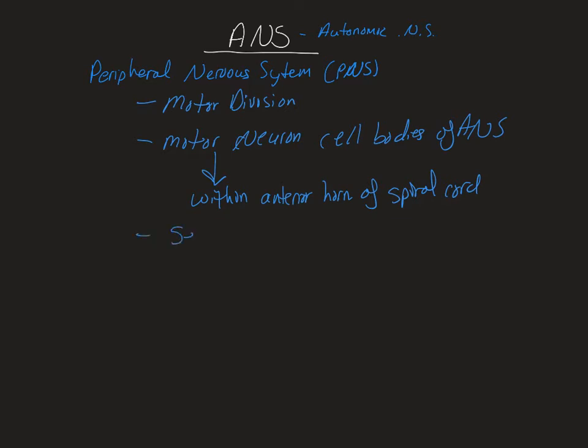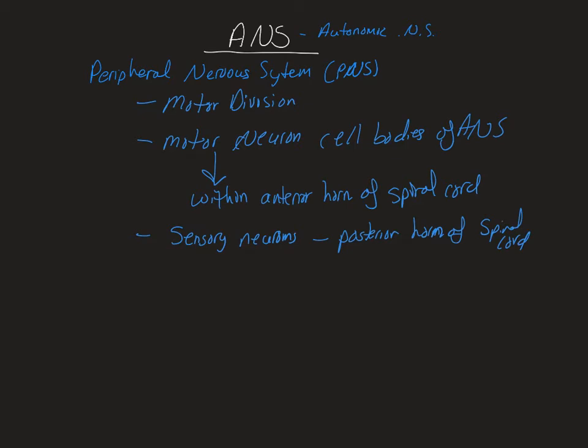The sensory neurons that are autonomic, remember they are also going to go through and work with the posterior horn of the spinal cord. Okay, it's just like the somatic sensory neurons.